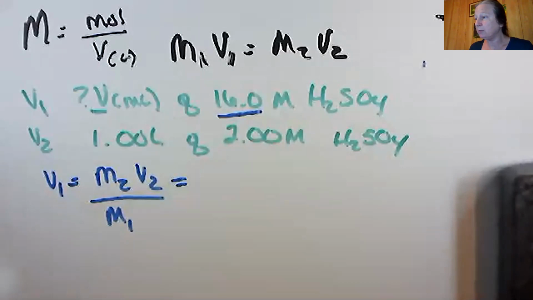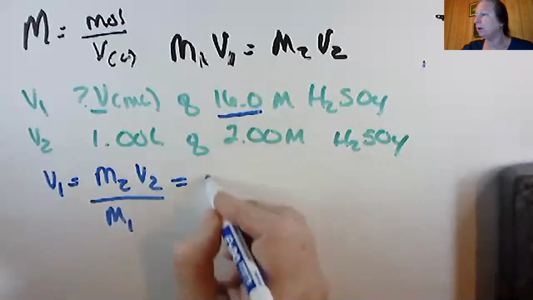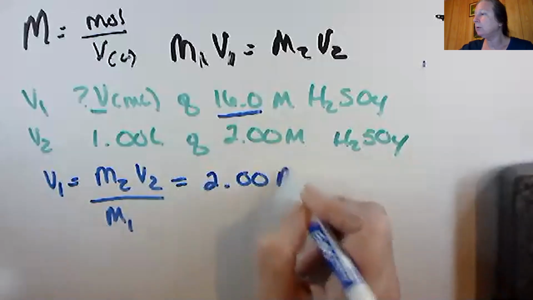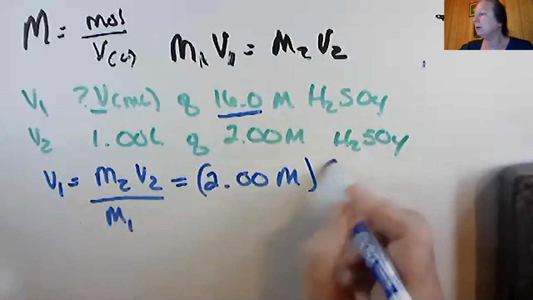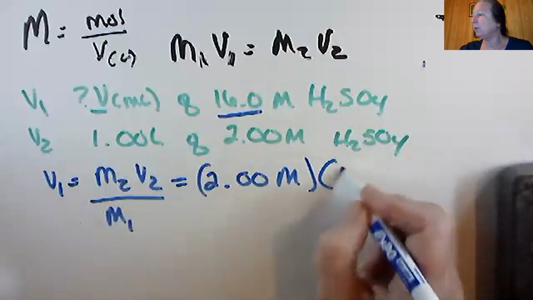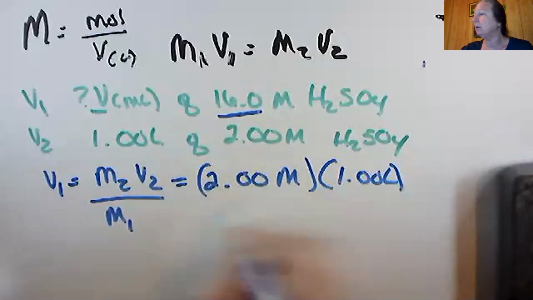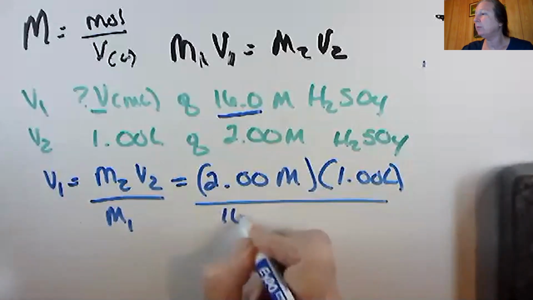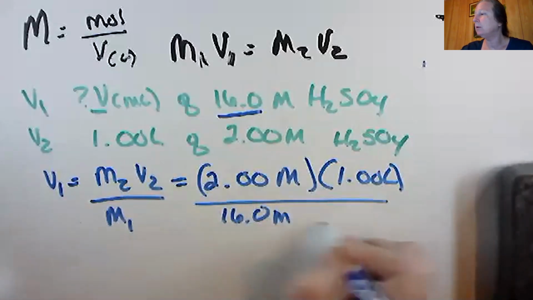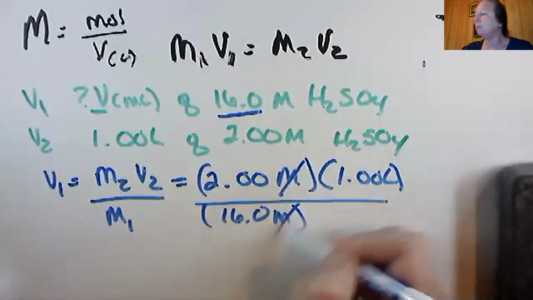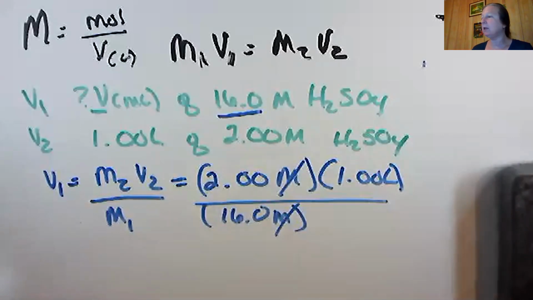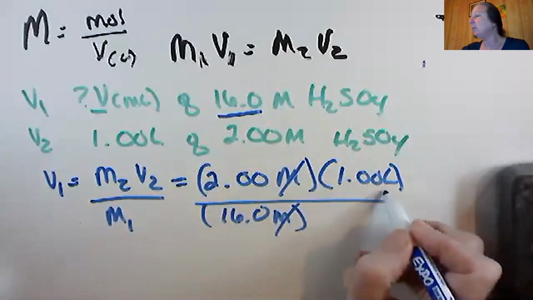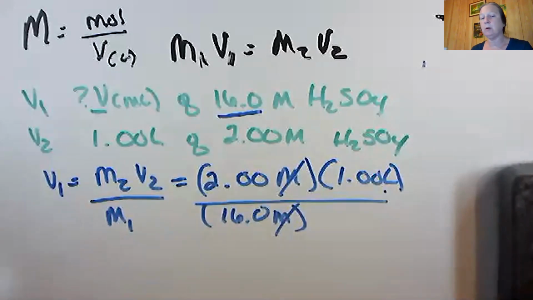So now let's plug some numbers in. M2, because I'm calling this V2, so that's M2, 2.00 molar, times my V2, which is 1.00 liter, over my M1, what I'm starting from. Now you see the molarities are going to cancel out. This is going to give me something in liters because that's what I was initially given.